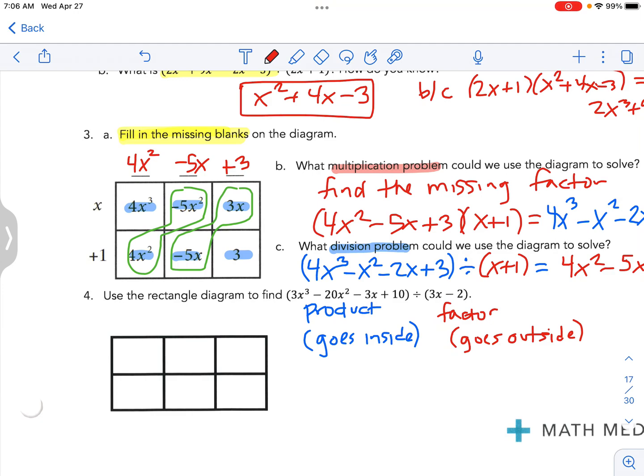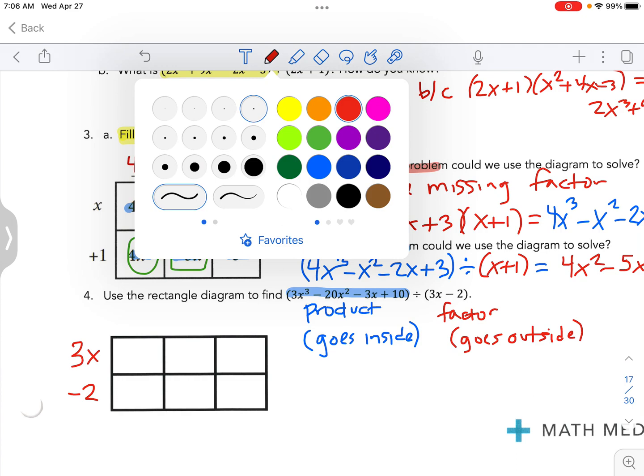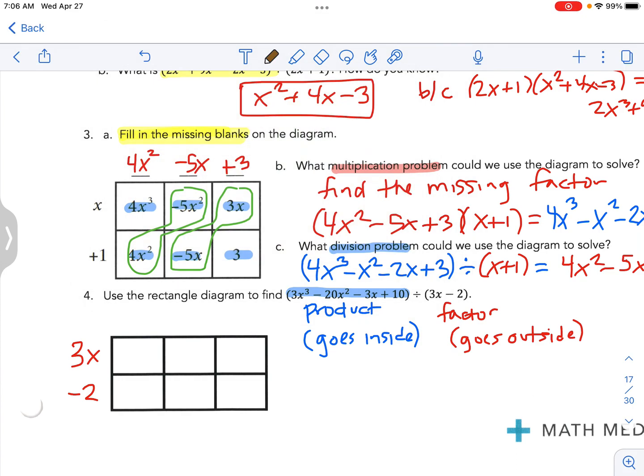And so we are going to play this fill in the blank game again. We know that 3x minus 2, that's a factor. That's got to go along the dimension of the model that has spots for two things. The product needs to go inside. Let's pick a different color, let's pick brown.